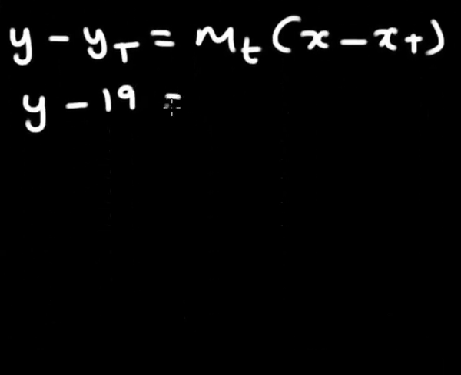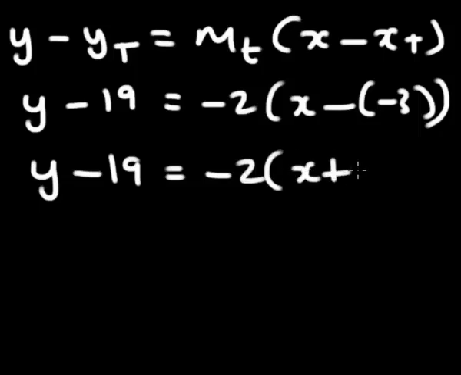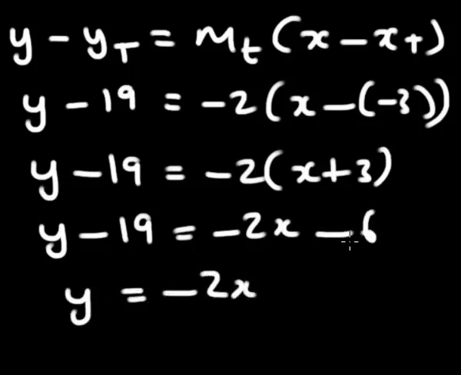So y minus 19 is -2 times x minus -3, so y minus 19 is -2x plus 3, which gives y minus 19 equals -2x minus 6. So y is -2x plus 13, because it's 19 minus 6.